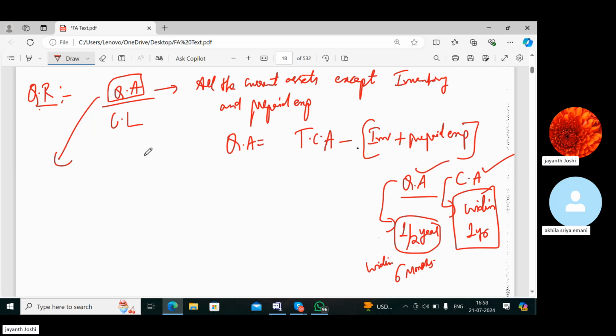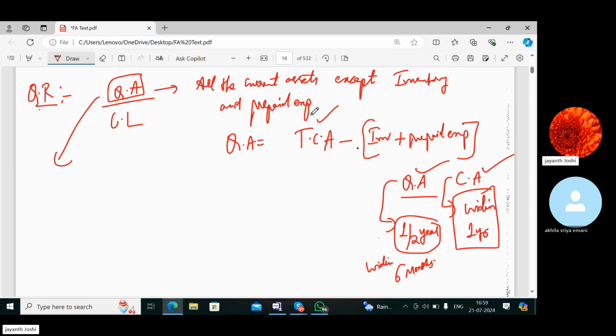Okay. So as the difference is clearly understood, we should remove from the total of current assets all those assets which would take more than 6 months to give economic benefits, or would take more than 6 months to convert into cash.